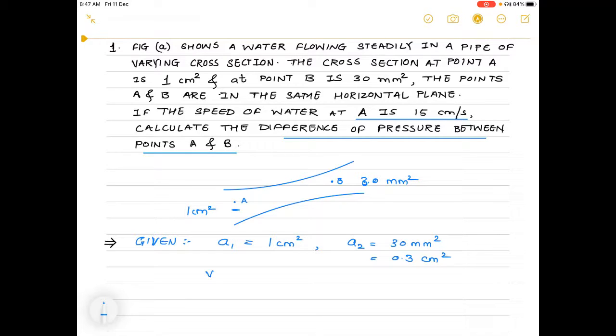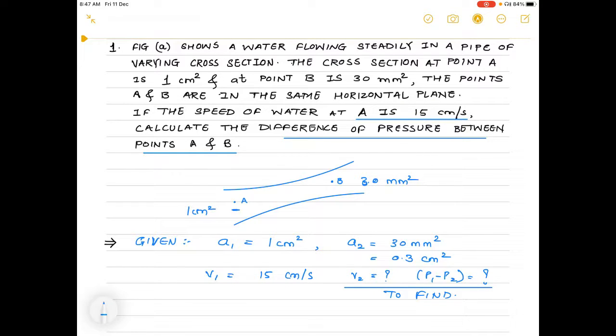Then we have been given velocity v1 at point A, which is 15 centimeter per second. What we do not know is v2 and p1 minus p2. These two things we have to find out.